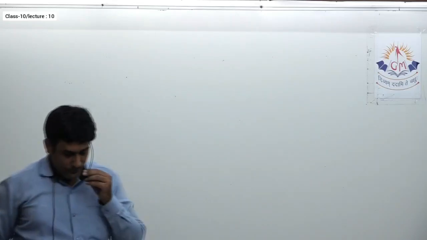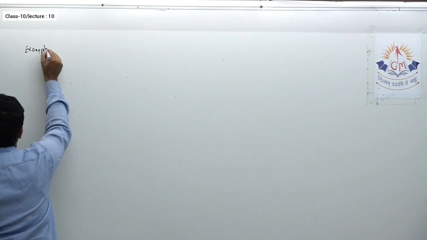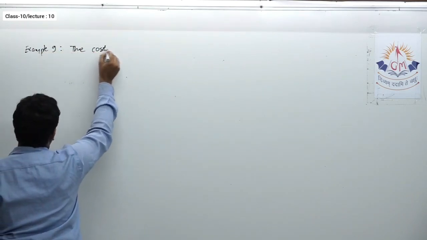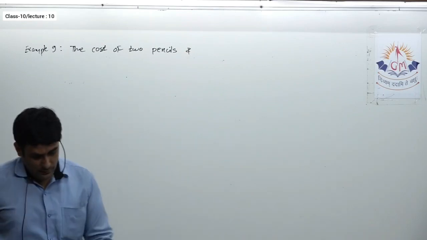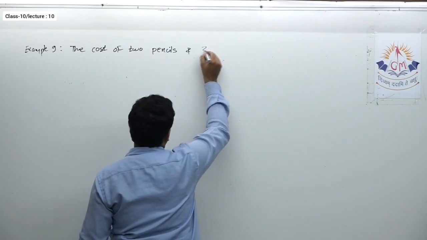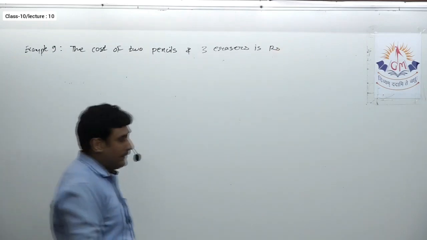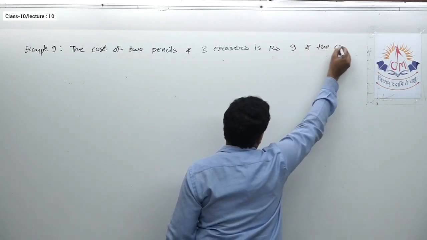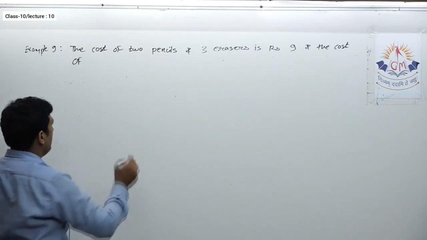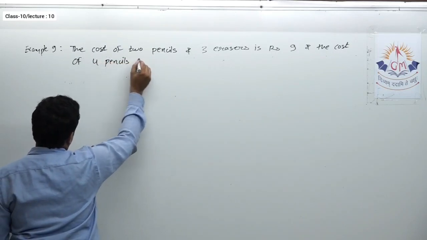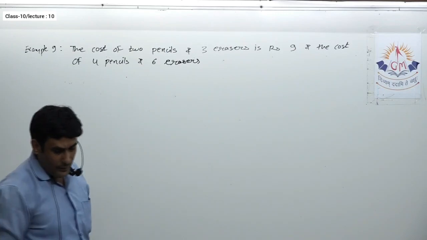Now we will see example number 9. The cost of 2 pencils and 3 erasers is rupees 9, and the cost of 4 pencils and 6 erasers is rupees 18.